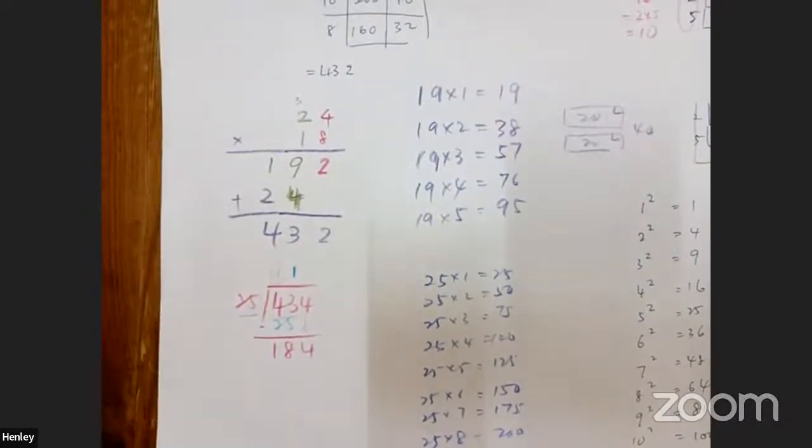So the possible answer is 175. So we should write a 7 there.